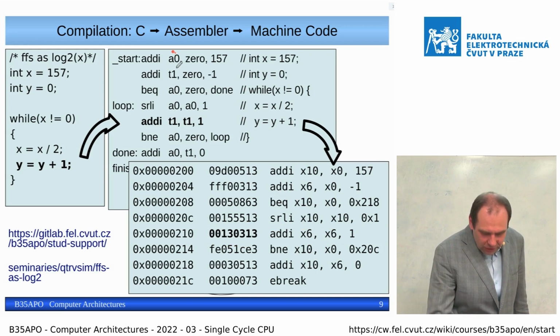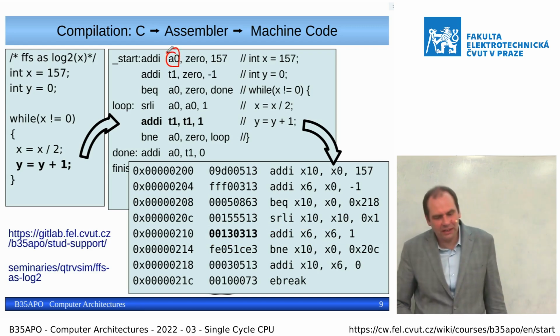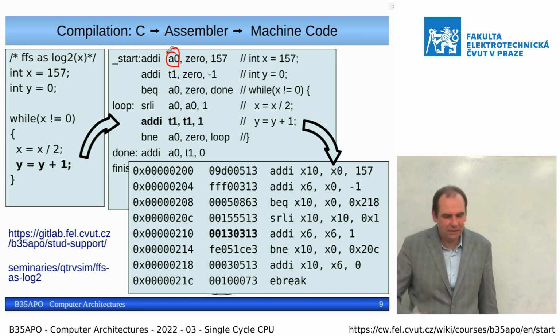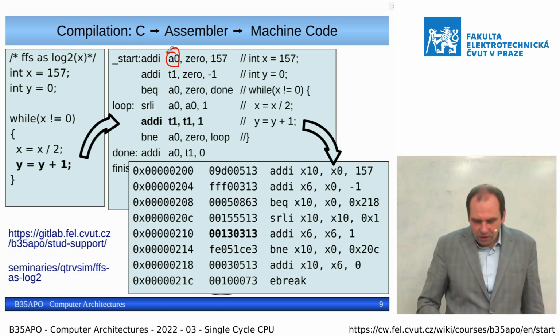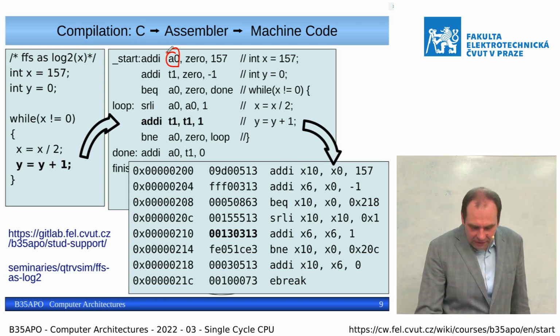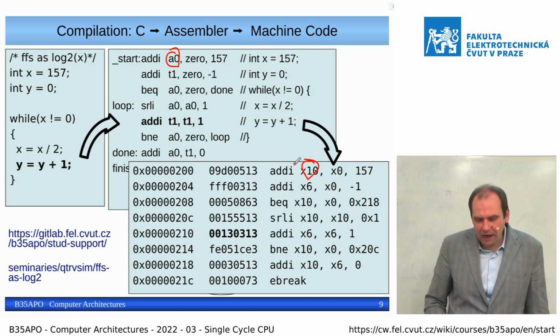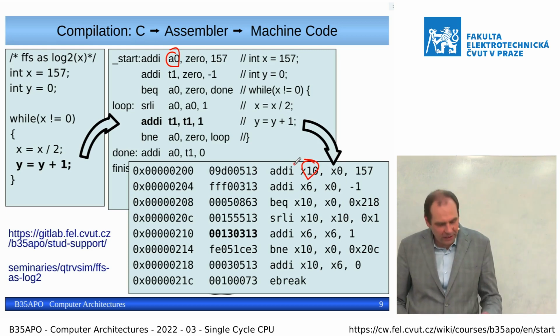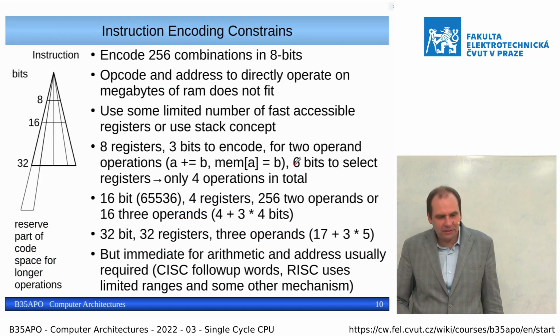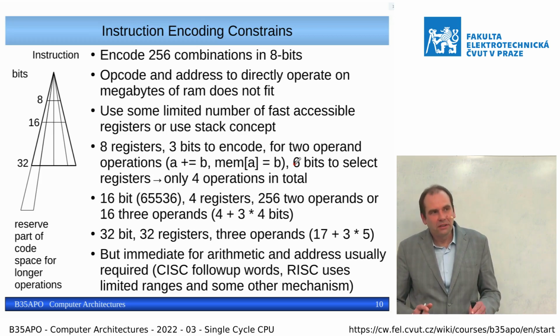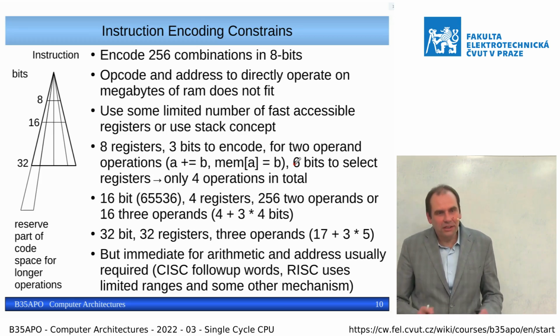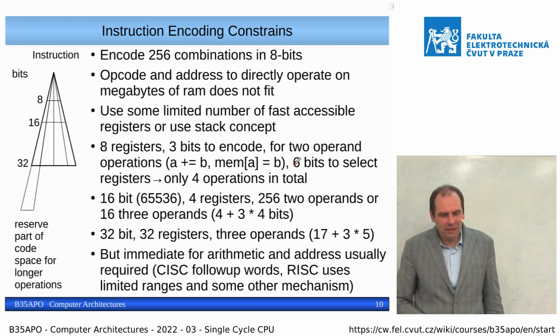There we use names for the registers like A0, which means argument 0, and so on. On the other hand, there are only numbers for the registers, because the actual processor doesn't know the names for the registers. It only works with numbers.